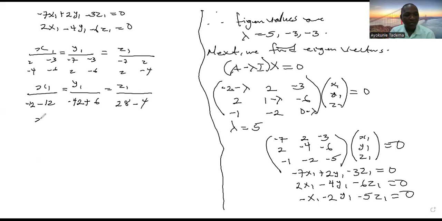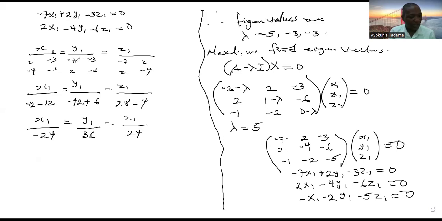And this will give us x1 over minus 24 equals y1 over, that should be 36, and z1 over 24.